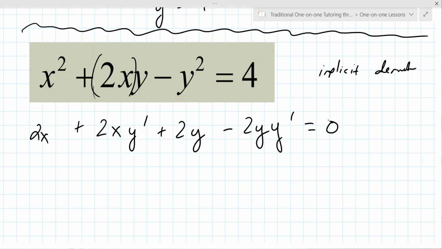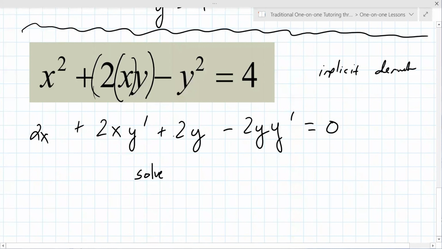The 2, okay. I got the 2x y prime plus, and then I just wrote y. Yeah, the derivative of 2x is of course 2. It's the derivative of 2x, not just x. Yeah, that's why I asked it that way, because it depends on how you do it. If you looked at it as 2 times xy, then you multiply it in, but you have to decide that in advance.